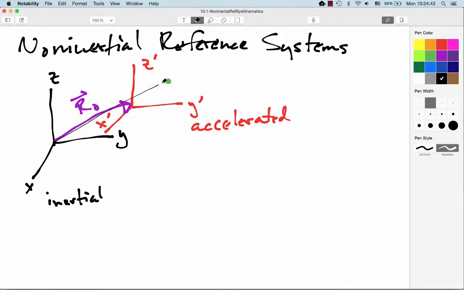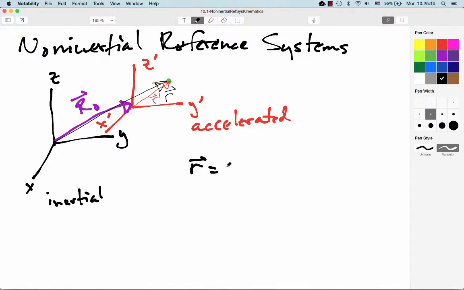The inertial observer is going to measure R, and the accelerated observer here is going to measure R prime, like so. Okay. So with that, we will say that the inertial position, the position measured in the inertial frame, would be equal to this plus that, right? Vector addition. So R naught plus R prime.